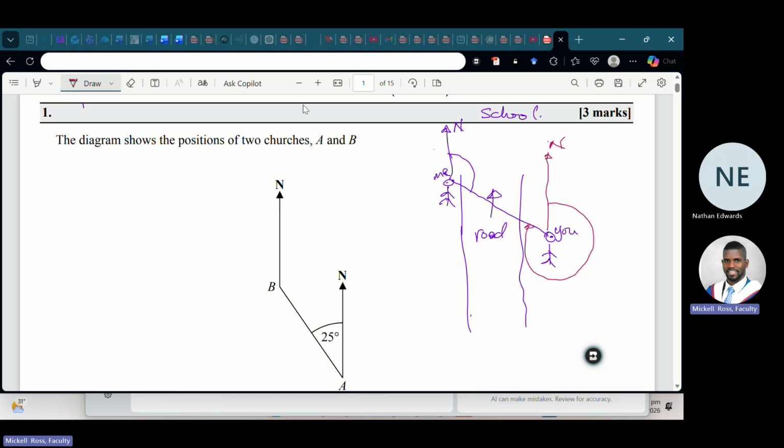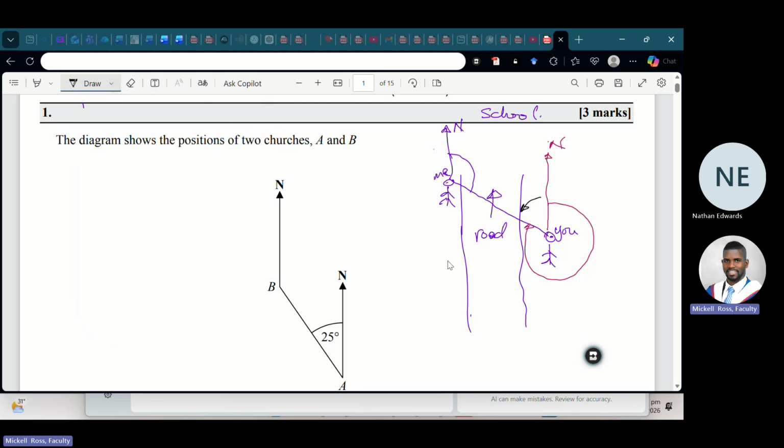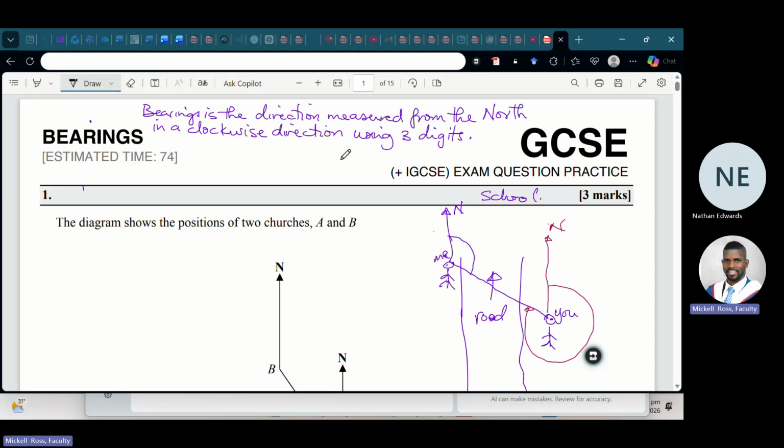So you can't turn your head this way to look at me. Even though I'm in this direction right over here in front of you, you can't just look at me like that. Because you must bear in mind the rule. It is measured from your north in a clockwise direction using 3 digits.